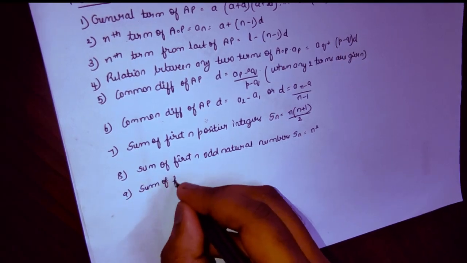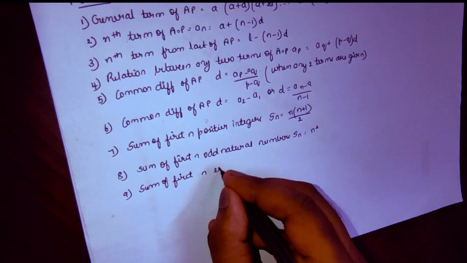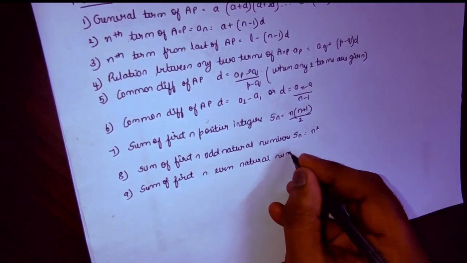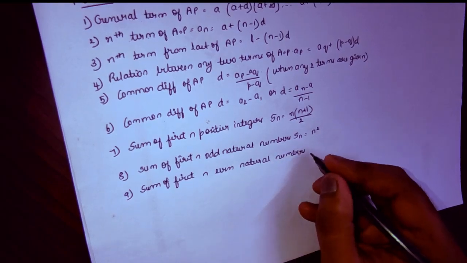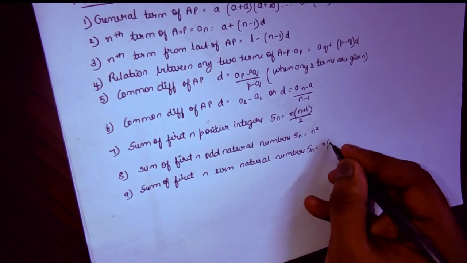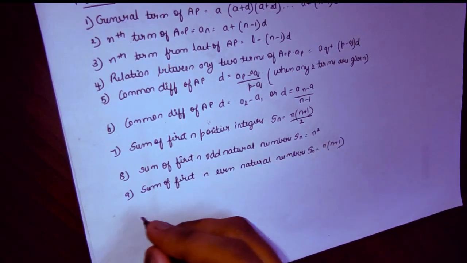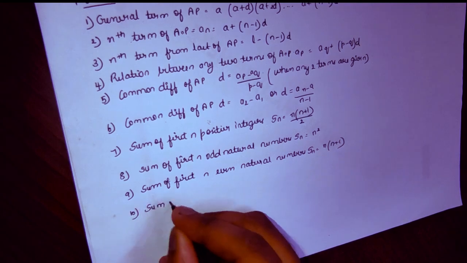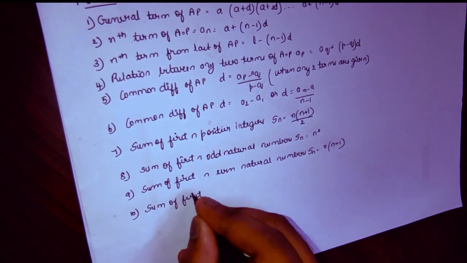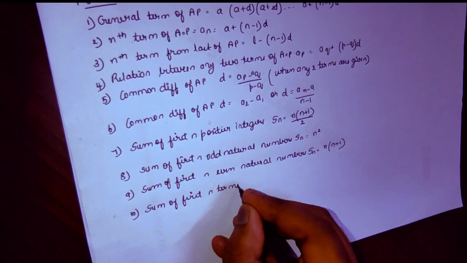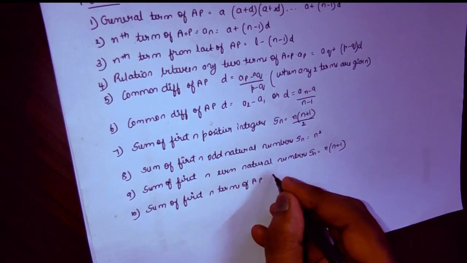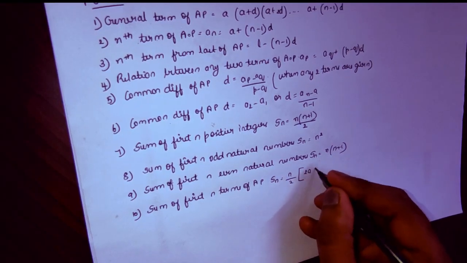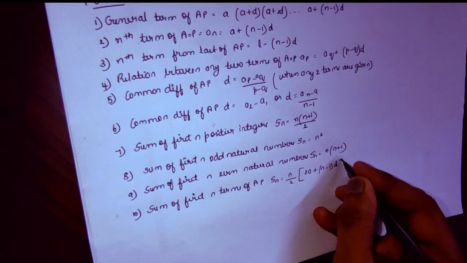Sum of first n even natural numbers: Sn is equal to n into (n plus 1). Then, sum of first n terms of an AP: Sn is equal to n by 2 into (2a plus (n minus 1) into d).